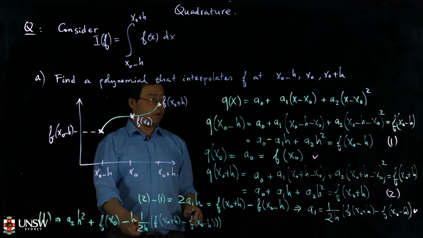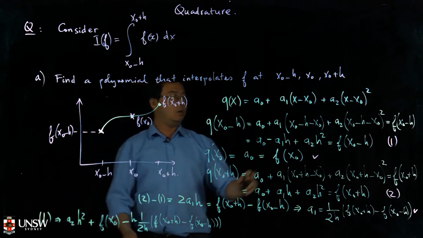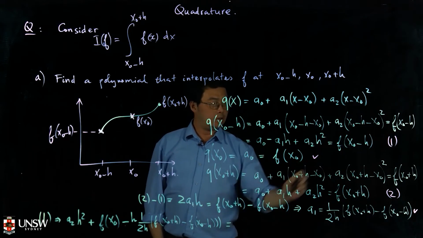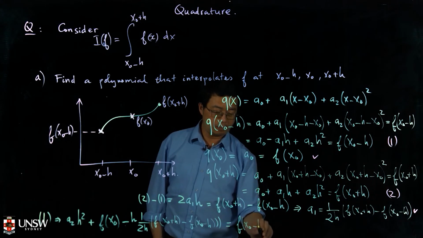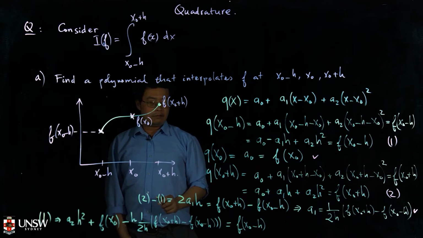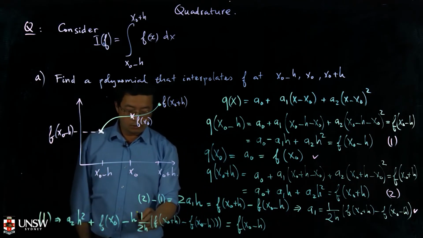So this is a0 and a1, this is a2, and on the right hand side just f of x0 minus h. I can simplify the h here.